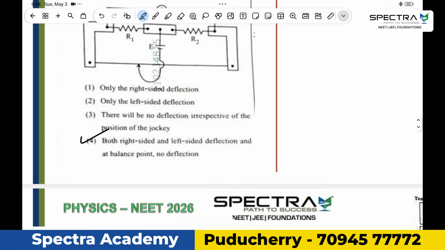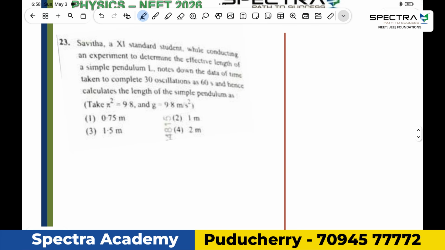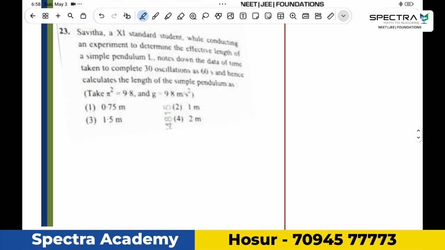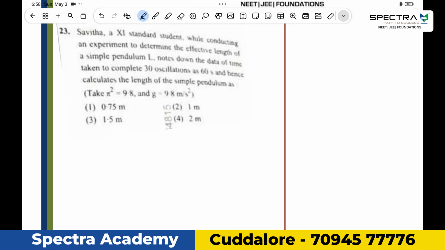Okay, next question number 23. Swati, a 11th standard student, while conducting an experiment to determine the effective length of a simple pendulum, notes down the data of time taken to complete 30 oscillations as 60 seconds. Hence, calculate the length of the simple pendulum.